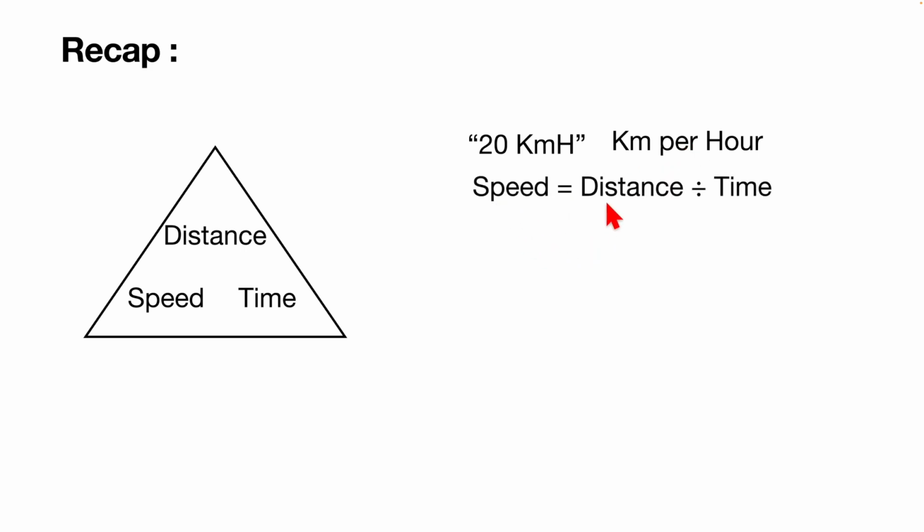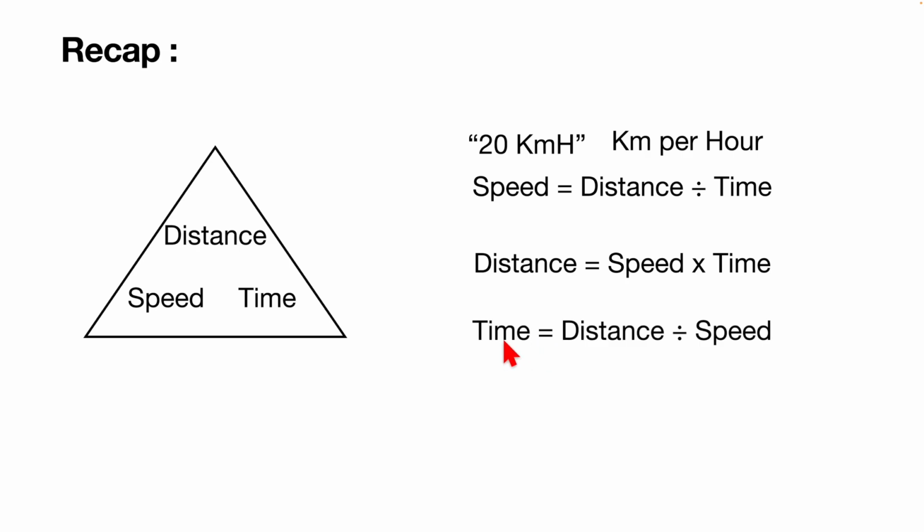Speed is equal to distance divided by time. And once you get distance and time here, speed's got to go there and you're off. Distance. Well, if you travel at 10 miles an hour for 5 hours, you'll probably do 50 miles. Or if you want to travel 50 miles and you're going at 10 miles an hour, well, it'll take you 5 hours. It's all there.